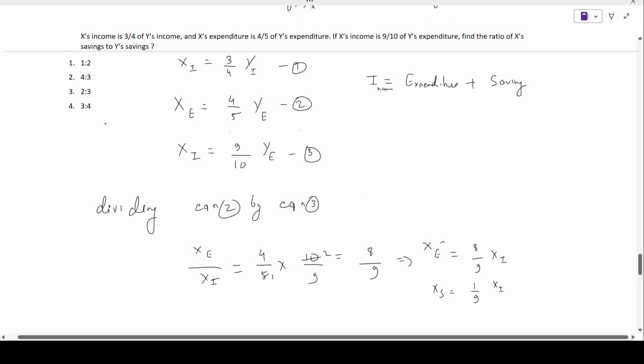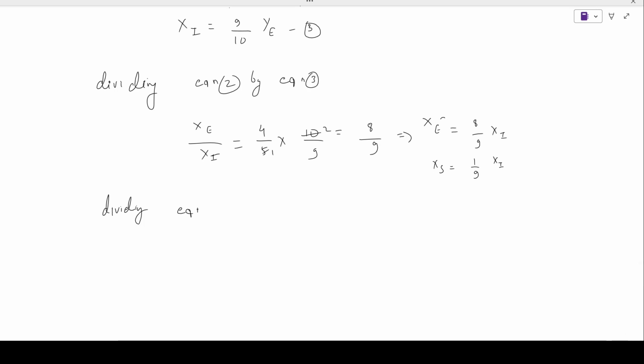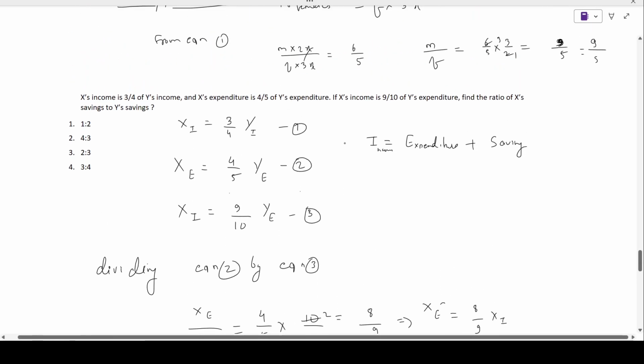So dividing equation number 3 by equation number 1, the x term will be cancelled.